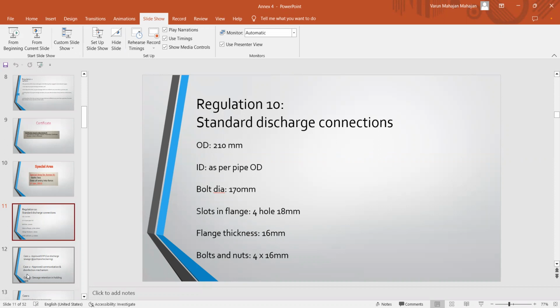Yes, sir. So OD should be 210, ID as per OD. Bolt circle is 170 mm. Slot is 4 of 18 mm. Thickness of flange is 16 mm, and bolt and nut is 4 of 16 mm.